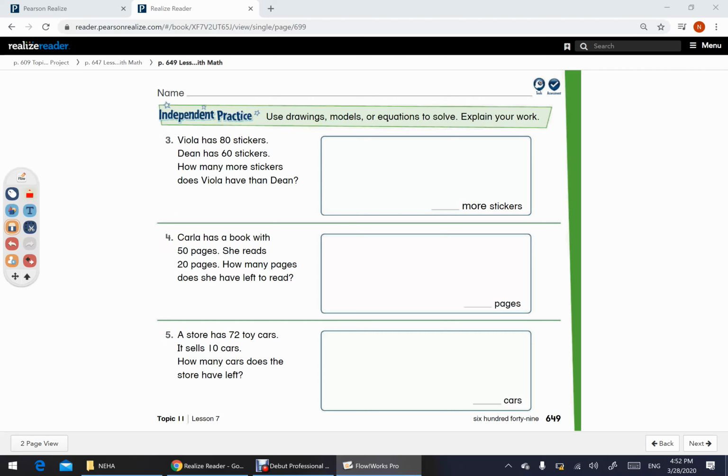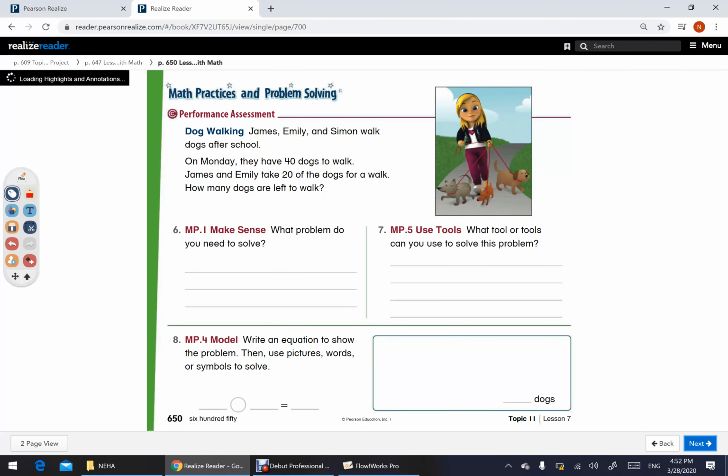Now, let's move to our last page. Now, this is a performance assessment. I think this will be easy for you because if you're able to solve the previous page, this is going to be very easy for you, okay? Now, we'll just read the question and explain what you need to do over here.